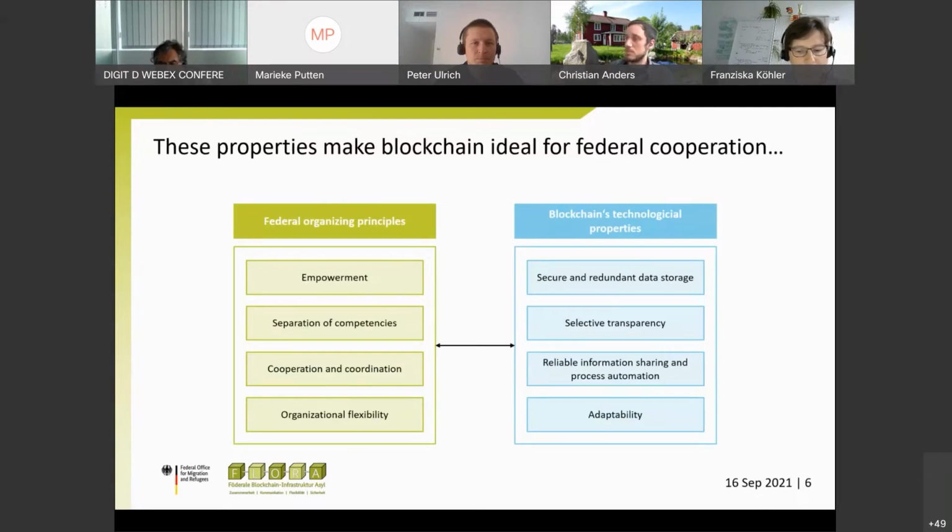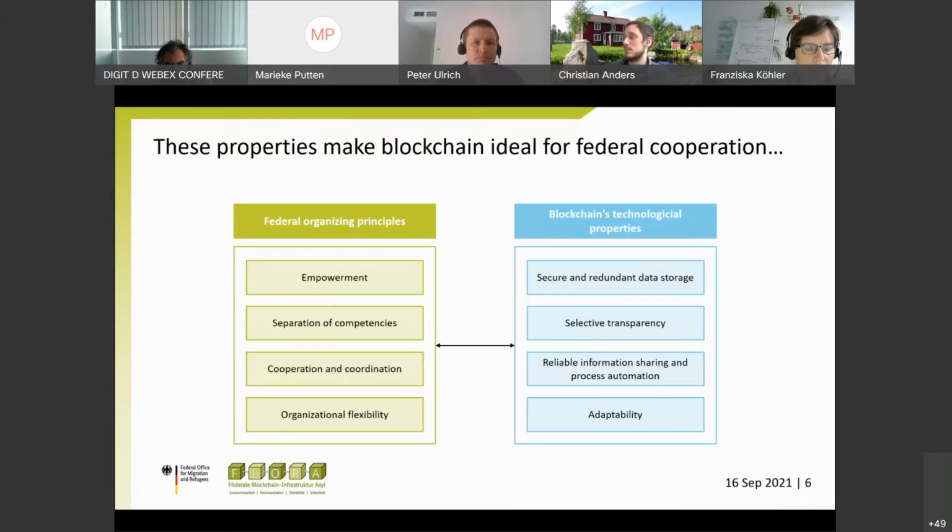So we have empowerment: all of the federal units and organizations want to be empowered and self-sustained, and we have separation of competencies, but also a lot of cooperation and coordination because of that.